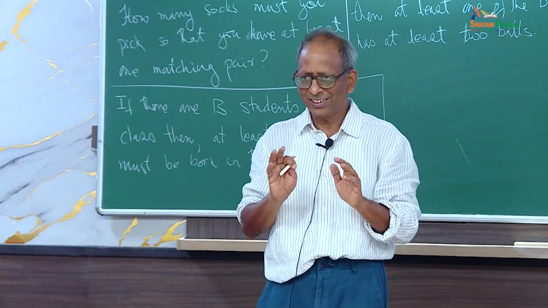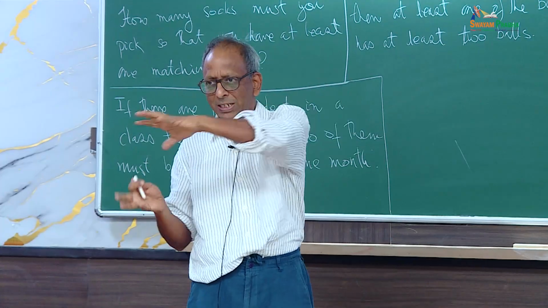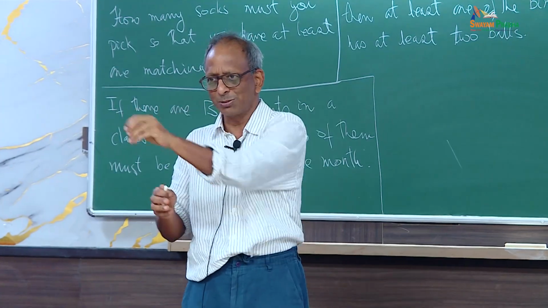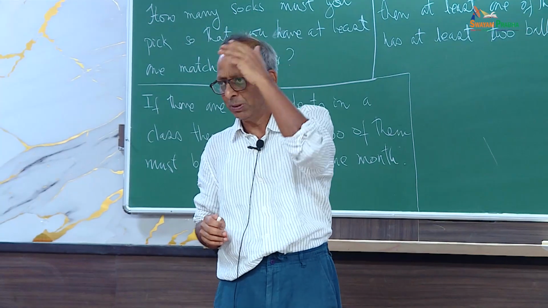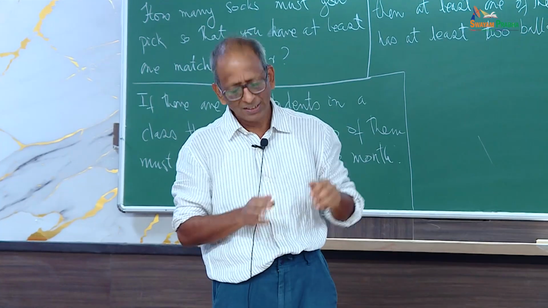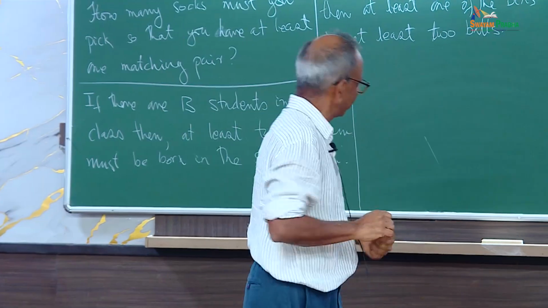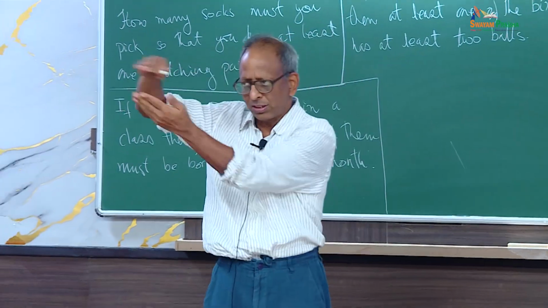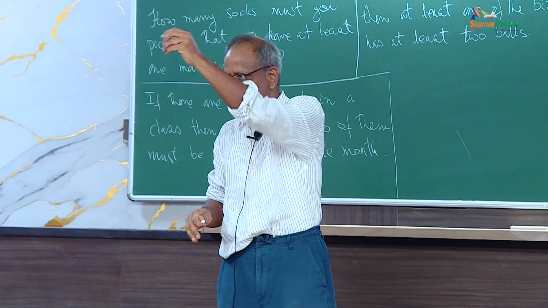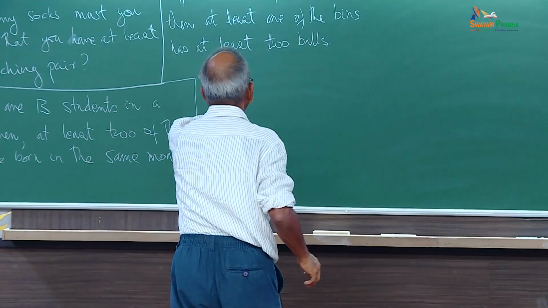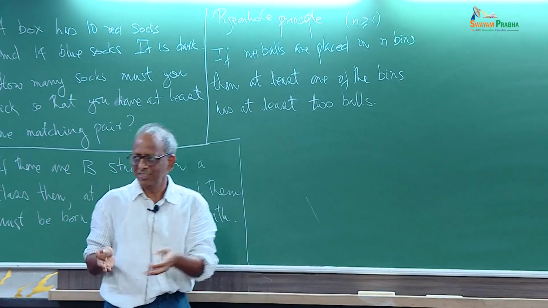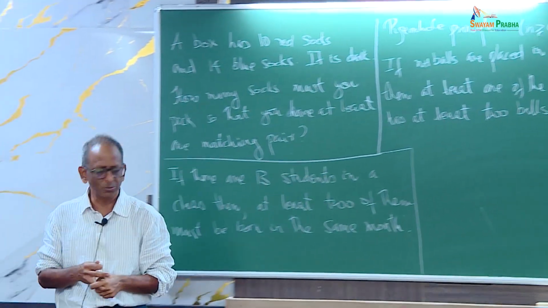You got the idea? Yeah, the months were the bins into which the students were being placed. There was 1 bin for each month, the January bin, the February bin, and this. And there were 13 students, and we were placing them into bins depending on when they were born. And we know that if this principle is true, there is some bin which has, okay.